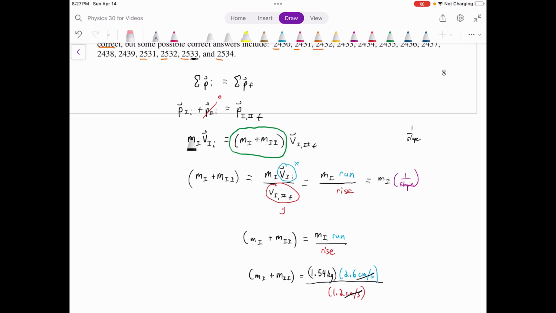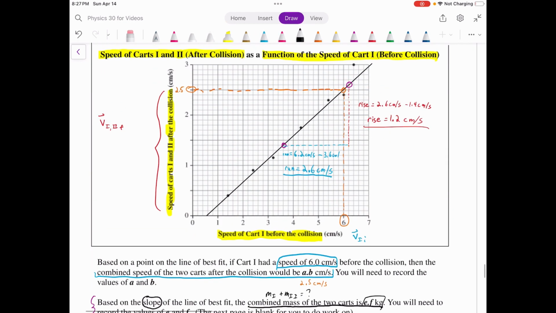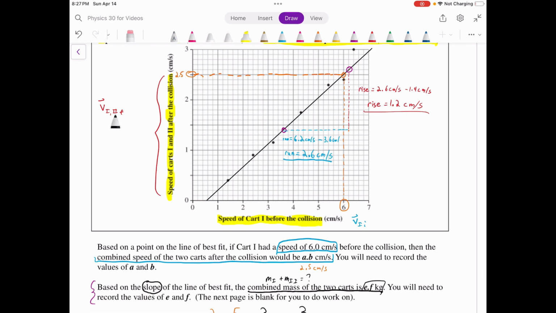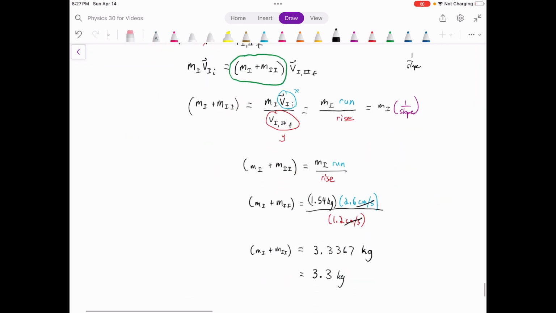That's going to let me write an equation, and then I can let that equation tell me what to do with the y variable, which is their combined velocity afterwards, and the x variable, which is their initial velocity before, right? So going through that, manipulating the equation to solve for what I wanted, and then letting it tell me what to do with y and x. In this case, dividing x by y. So I actually wanted run over rise in this case, or 1 over the slope.